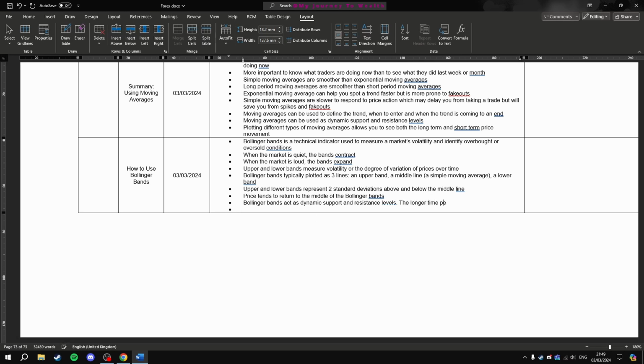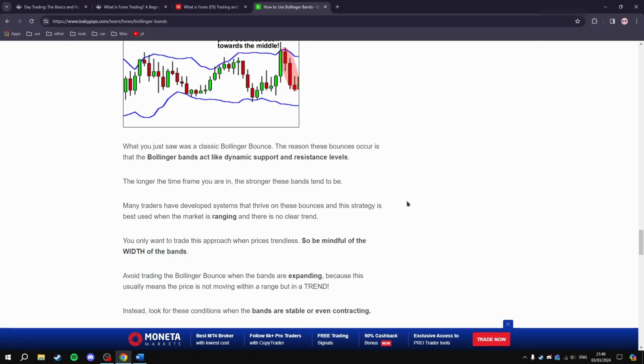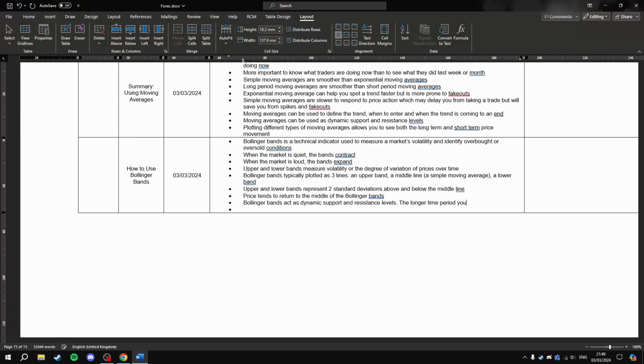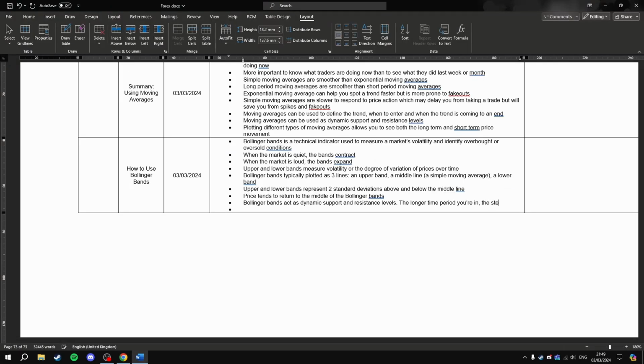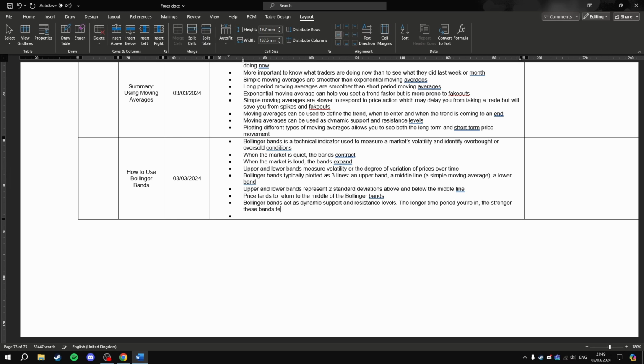The longer the time period you're in, the stronger these bands tend to be.